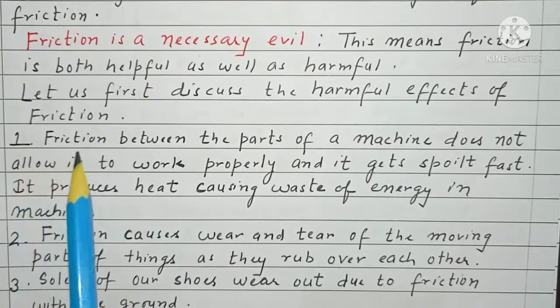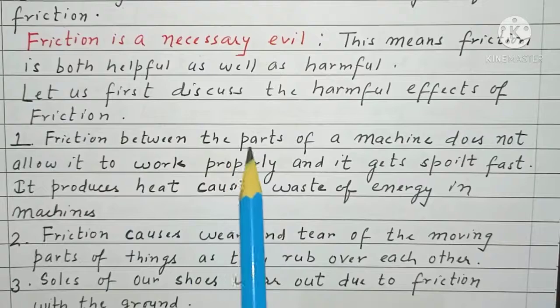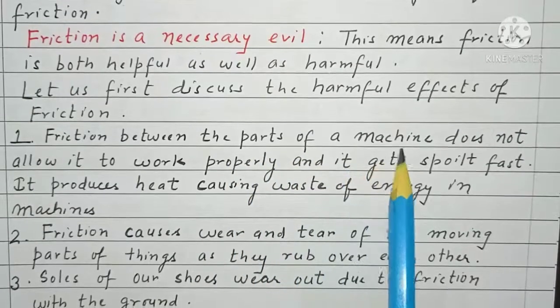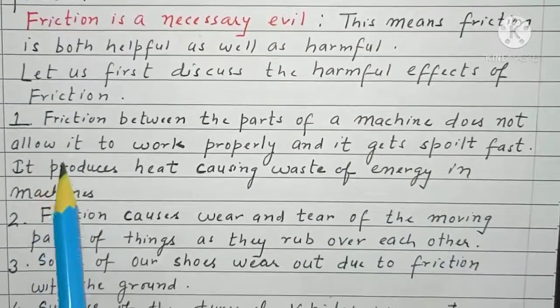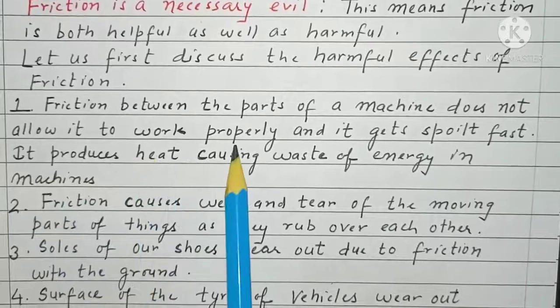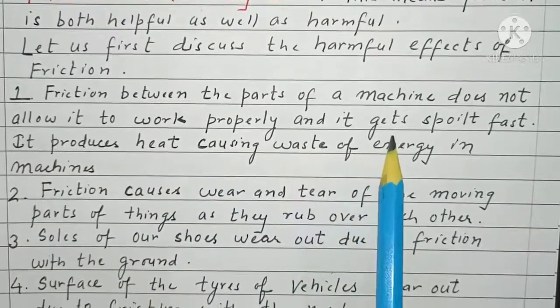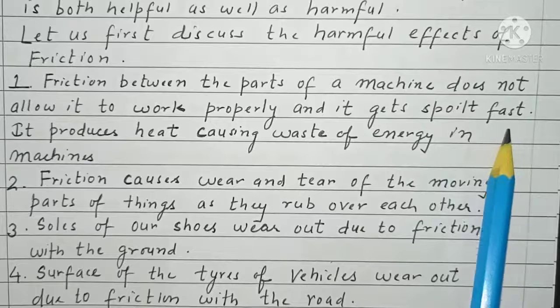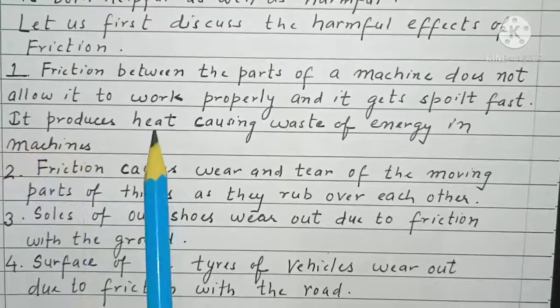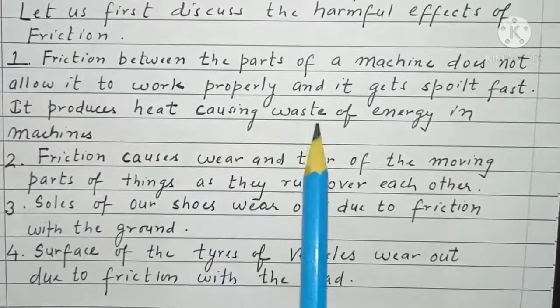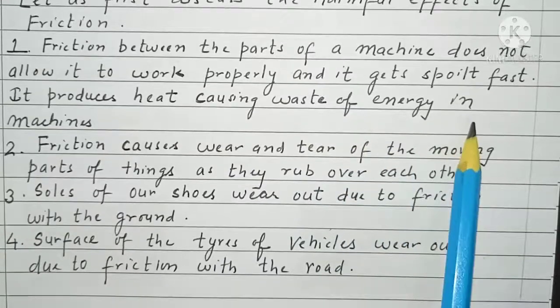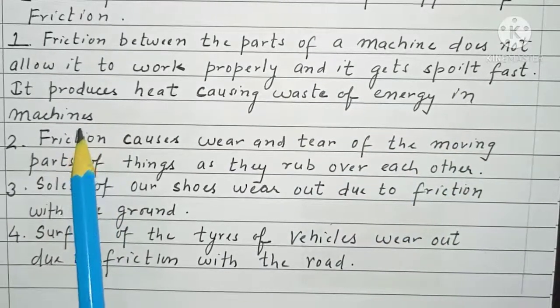Number one, friction between the parts of a machine does not allow it to work properly and it gets spoiled fast. It produces heat, causing waste of energy in machines.